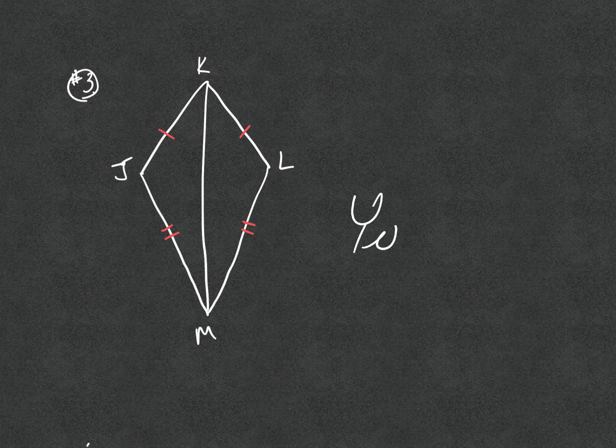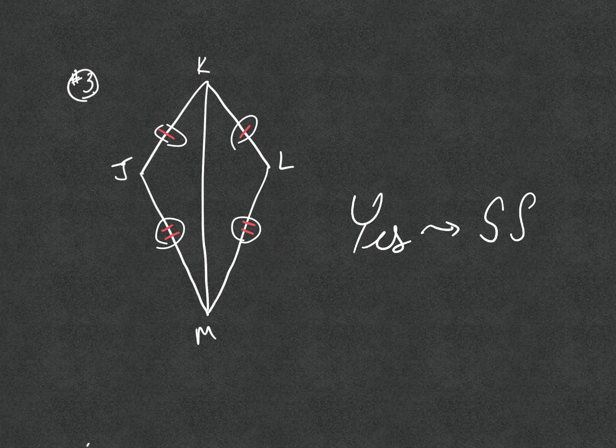Again, these triangles are going to be congruent. Which of the shortcuts are we using? Well, I show you that JK and KL are the same length, so we know a side. I show you that JM and LM are the same. We know another side. We don't know anything about an angle initially, but the two triangles share a side.